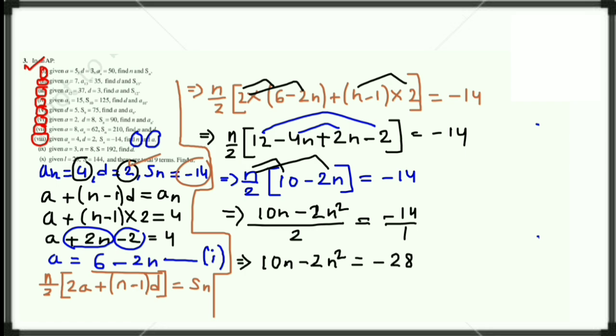Now minus 2n square plus 10n, and this minus 28 also comes to LHS and becomes plus 28 and make it equal to 0. In this way, here we have obtained an equation. Okay, now let's proceed to next page.